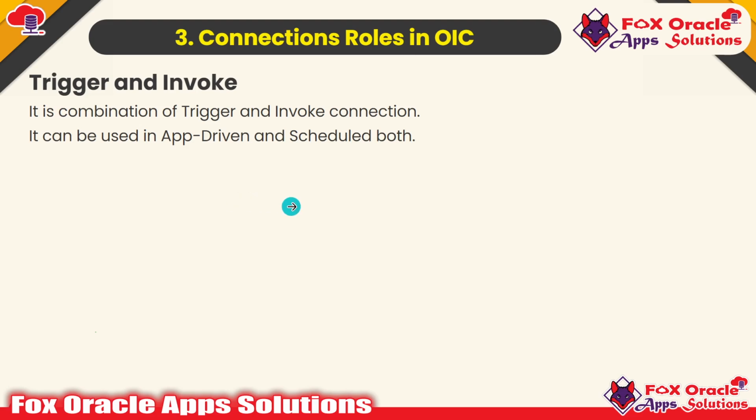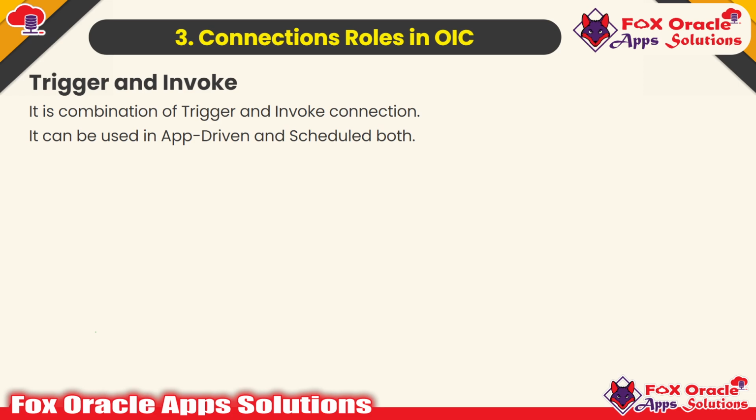One example for trigger and invoke: we have a REST API to create AP invoices. So we are going to create one REST connection. For that REST connection, we provide the URL for Oracle Fusion, where we want to create the AP invoices.